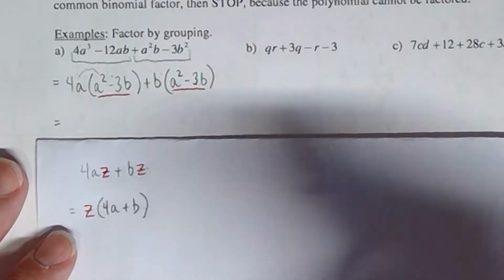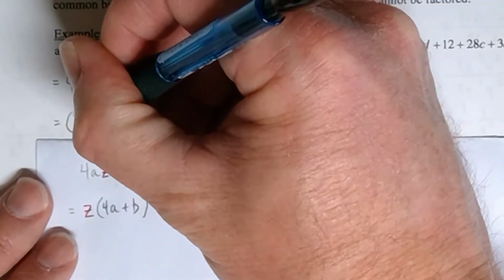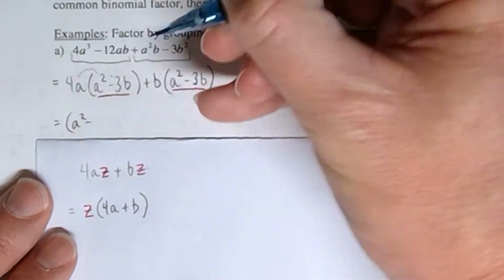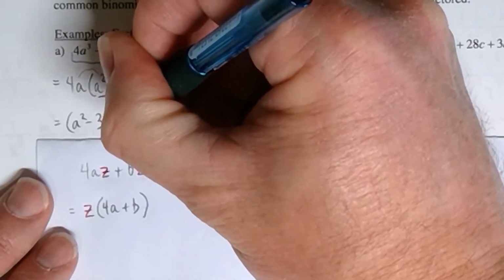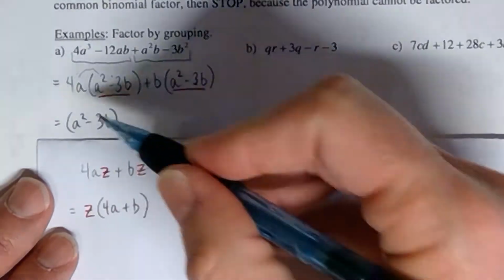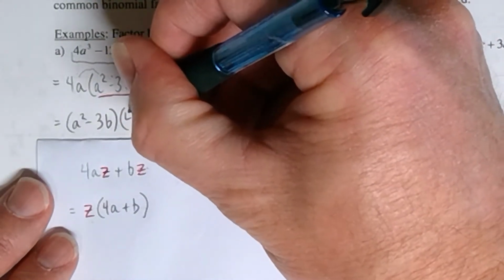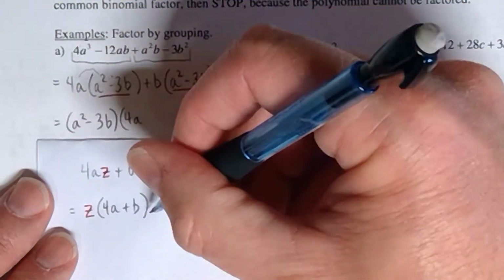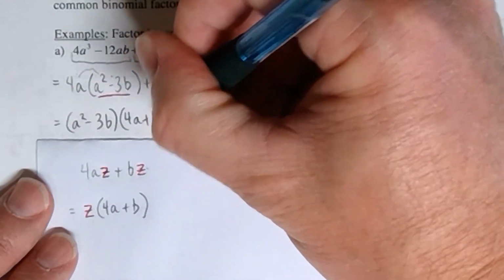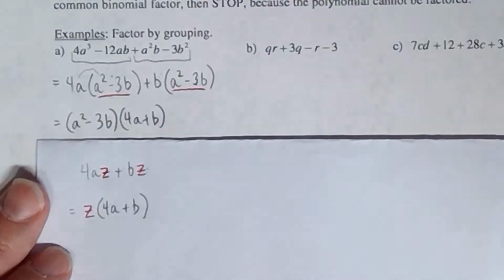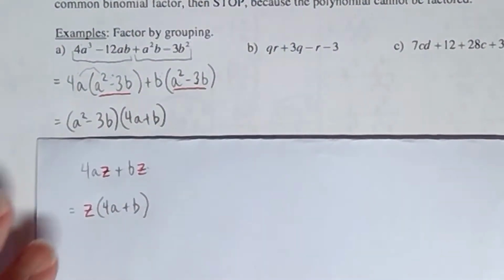But if they are, just like the z's are the same, what you can do, just like you did with the letter b right there, is move the bracket to the front. Z is in front, the bracket's in the front. And then just like we had 4a plus b in the bracket next to the z down here, you put 4a plus b into the bracket next to the bracket I put in front.